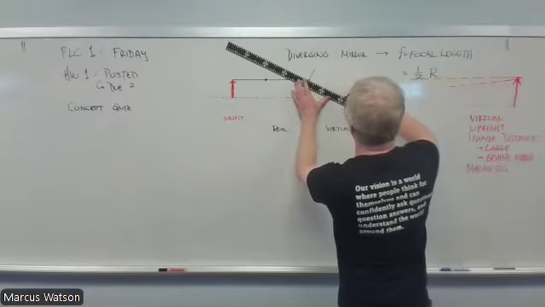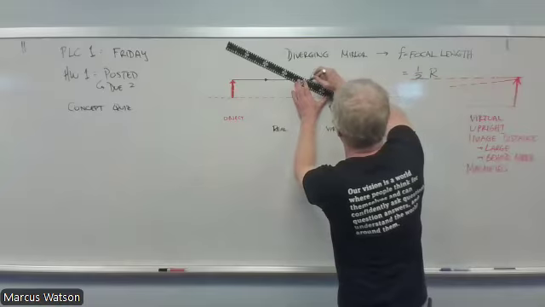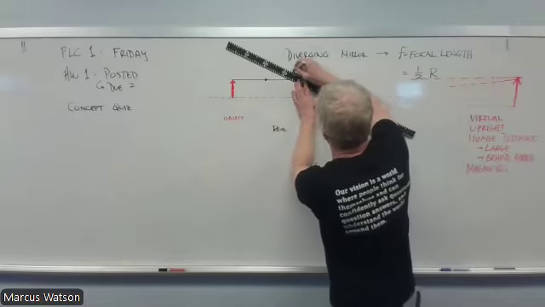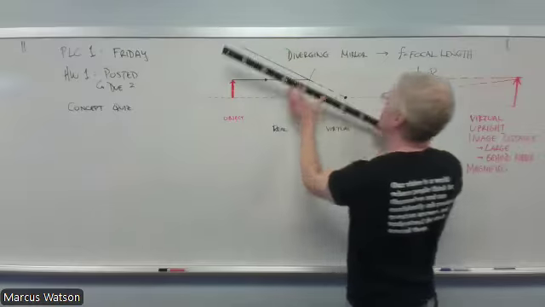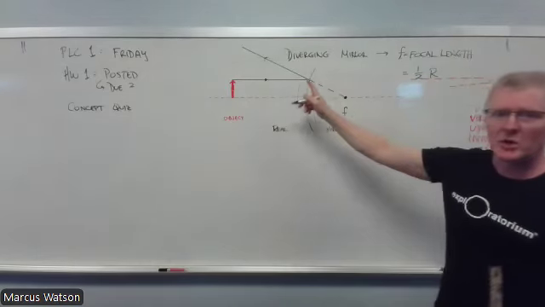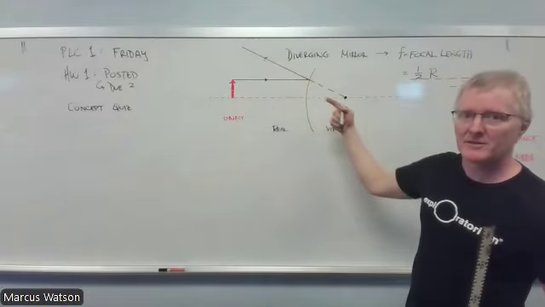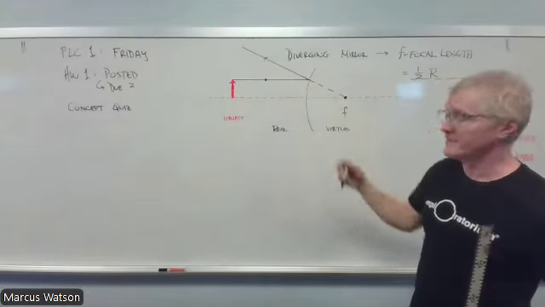I'm just going to dash that in, and then off it goes that way. So ray number 1 goes in, out, but it comes along the path right here.